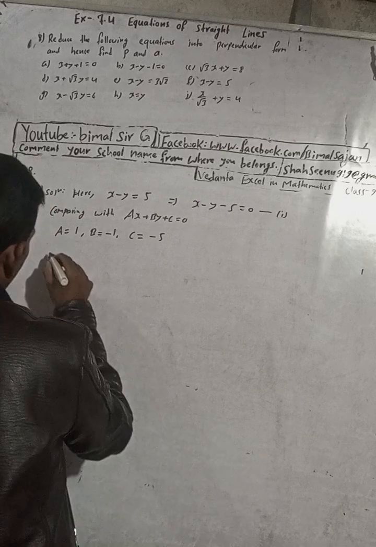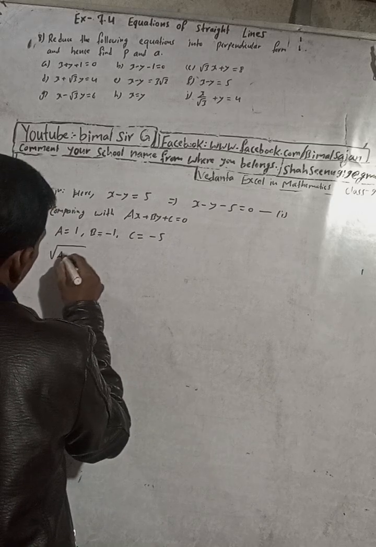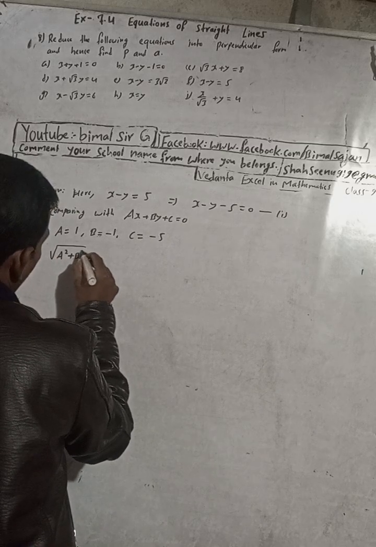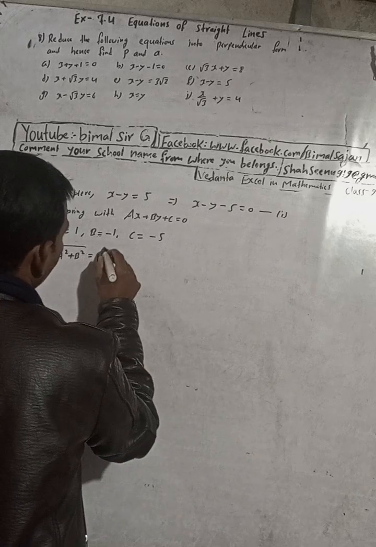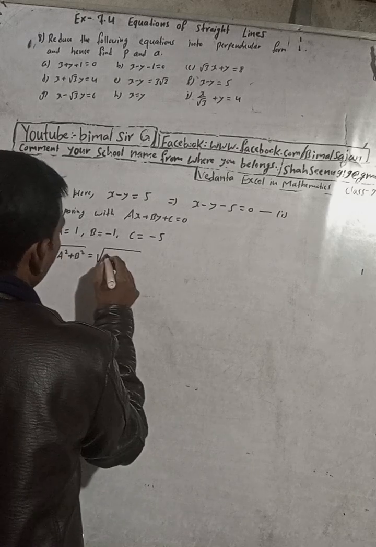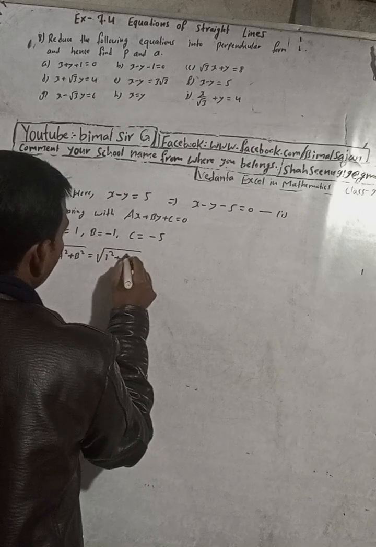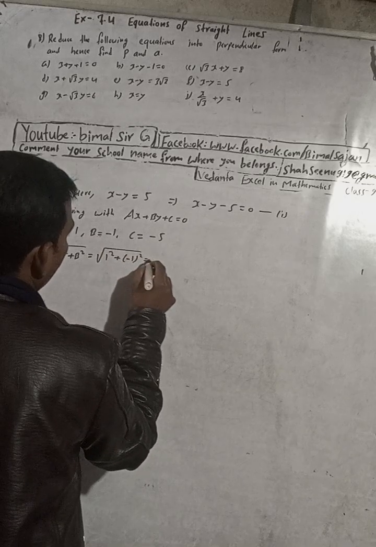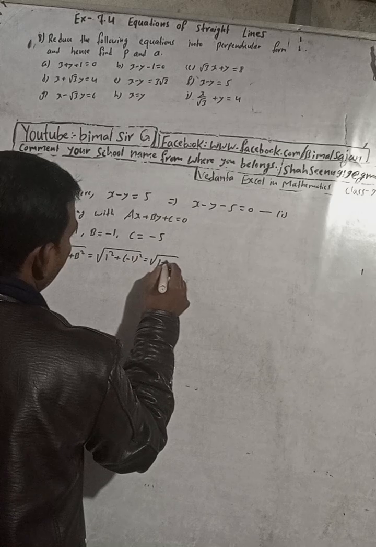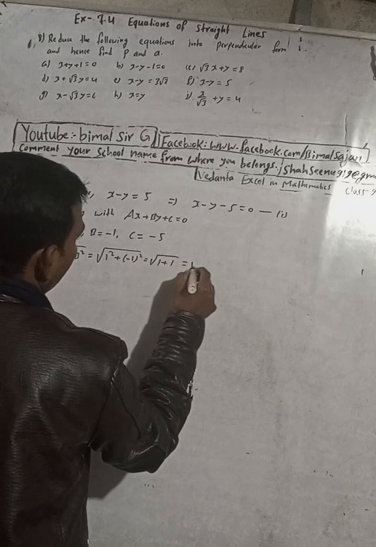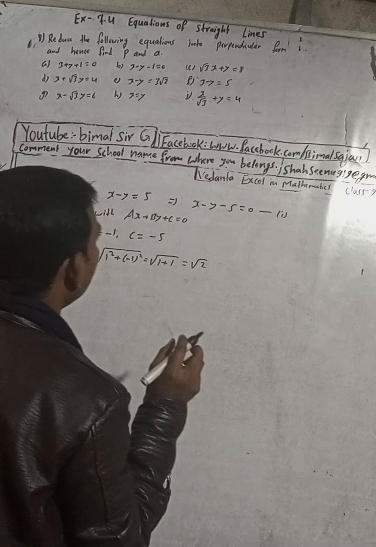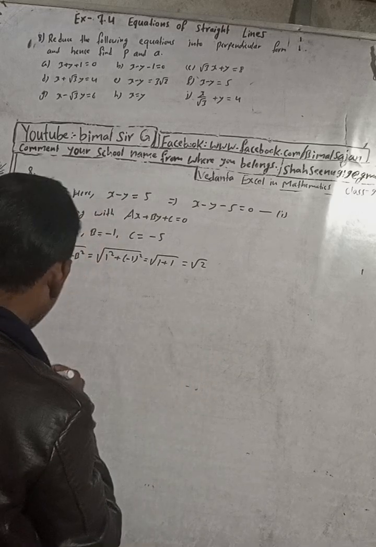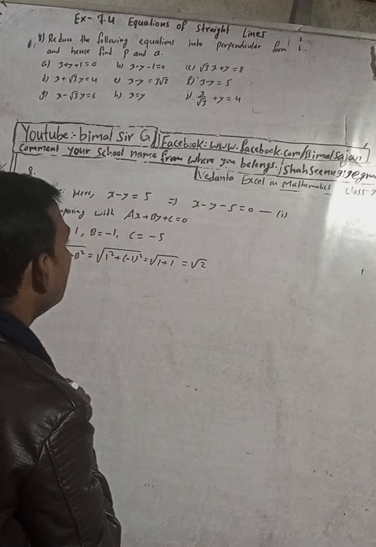Now we can find root under a square plus b square, which is 1 square plus minus 1 whole square, which is 1 plus 1. So this is equal to root 2. Now I got root 2.